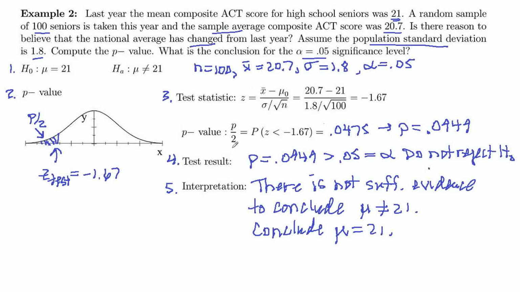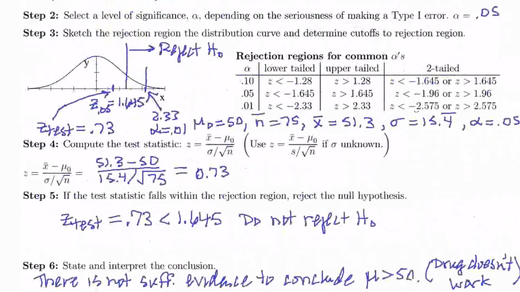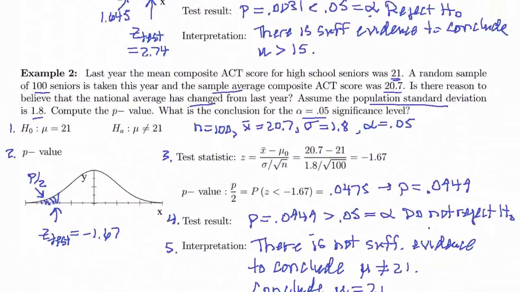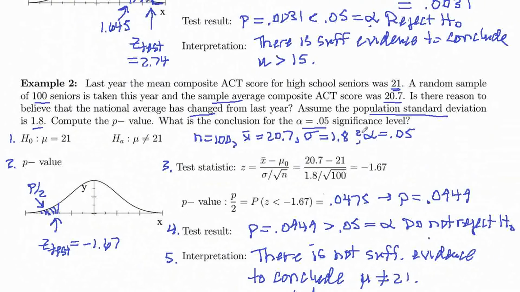So alpha was given to us as 0.05. So which step was that? That was number 2, select your alpha. So step 2 is actually right there. That would make this step 3, step 4, step 5, and step 6. There we go. So now it matches up with what we were doing before.